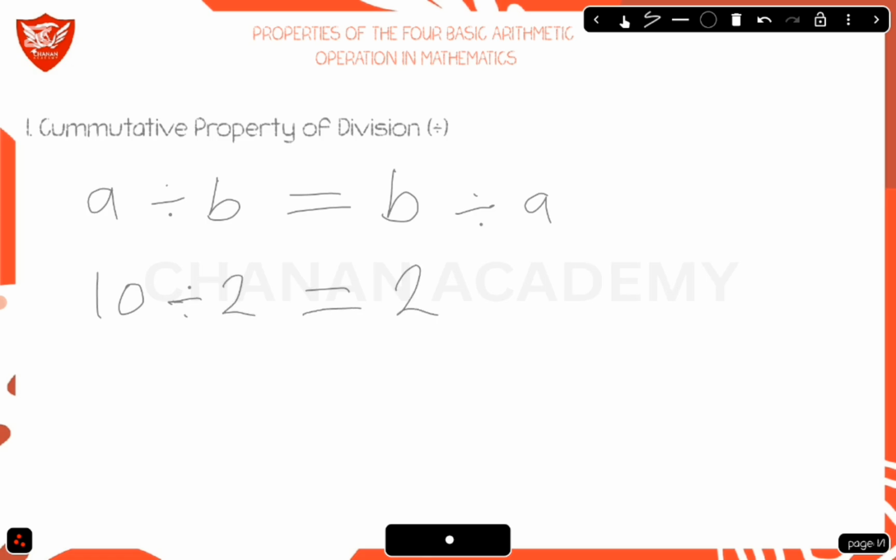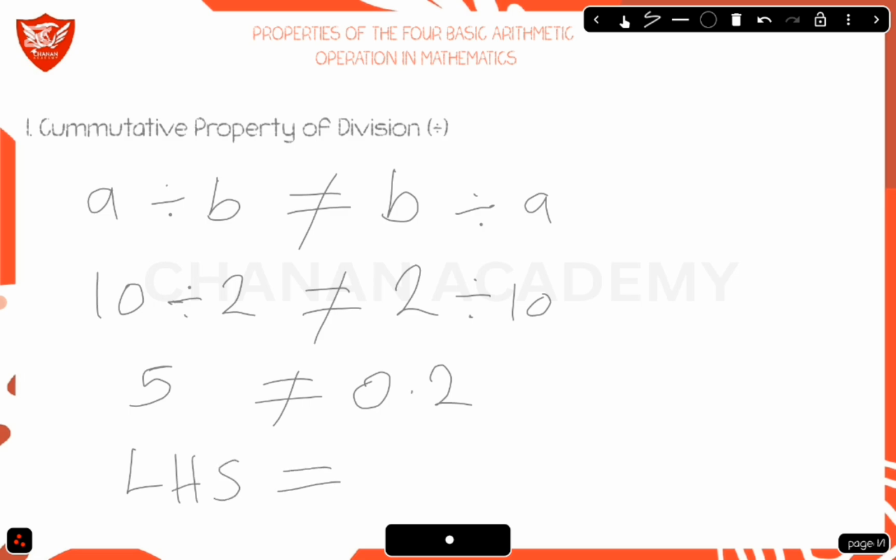So 10 divided by 2, the result is 5. 2 divided by 10, the result will be 0.2, which means division is not commutative because the left hand side is not equal to the right hand side.